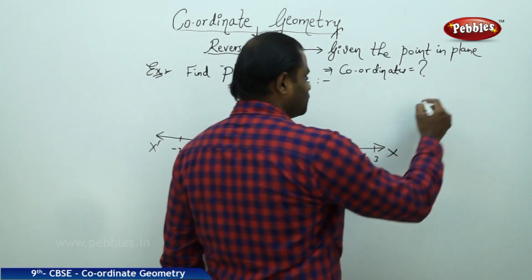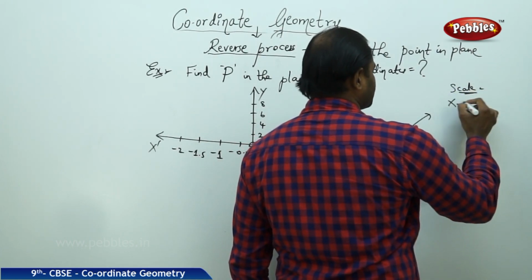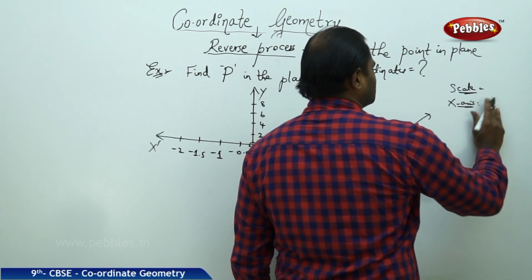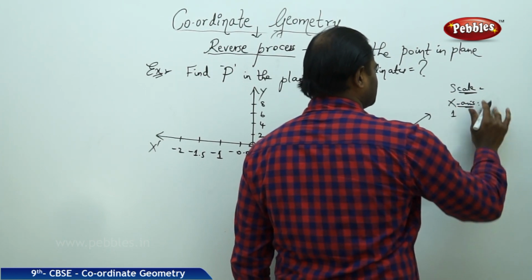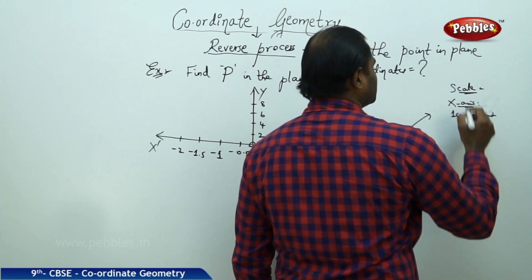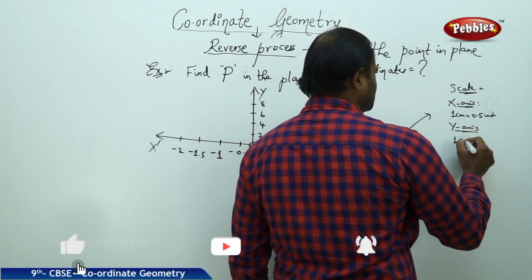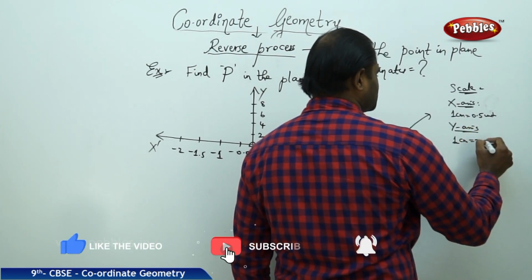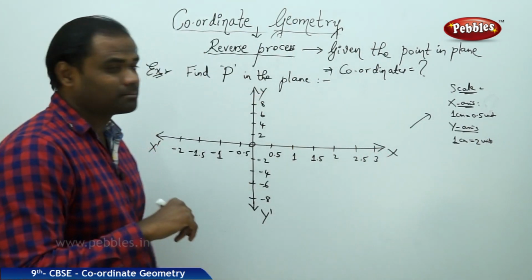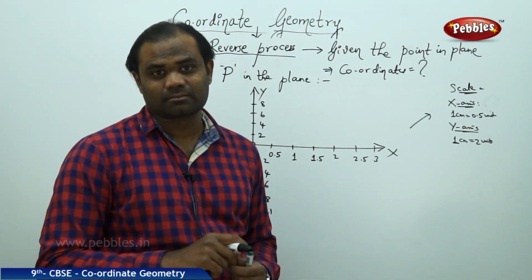So I have the scale for this problem, which is on x-axis 1 centimeter is 0.5 units, and on y-axis 1 centimeter is 2 units. Is how we understand the scale on x-axis and y-axis.